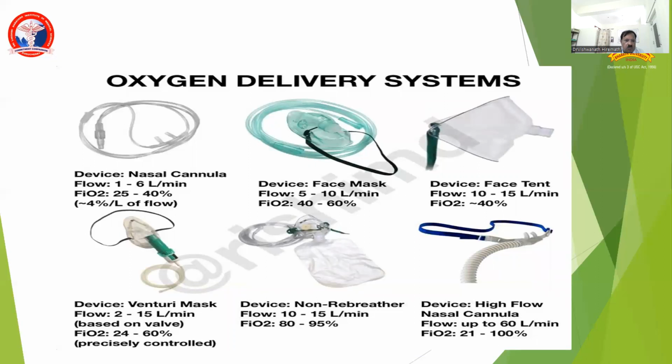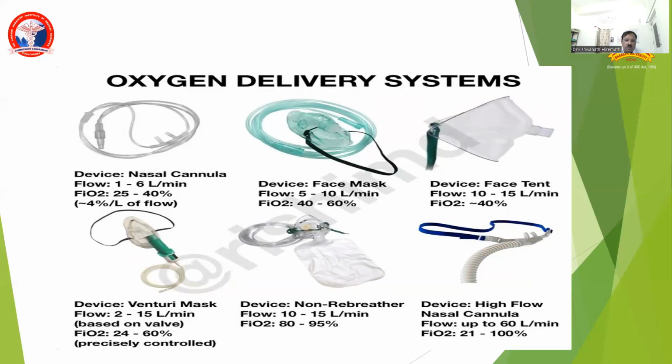The Venturi mask, a variable flow rate is maintained, with oxygen flow at 2 to 15 liters per minute based upon the valve. It helps to achieve an FiO2 of 24 to 60%. It is precisely controlled.